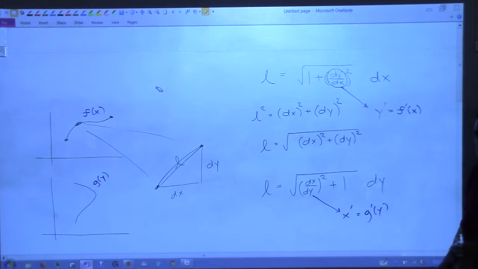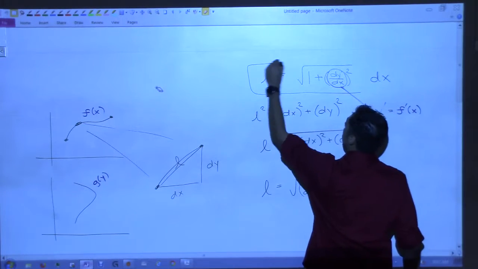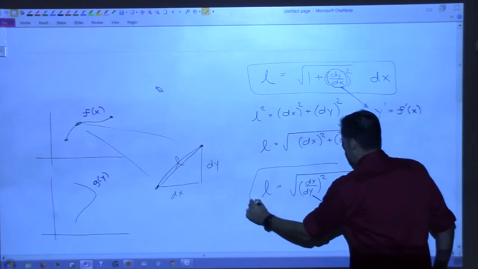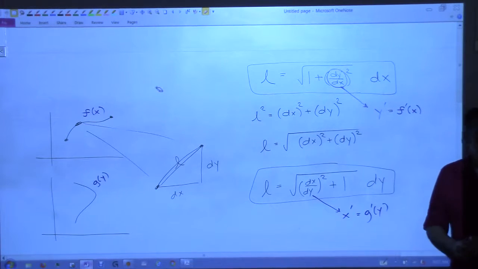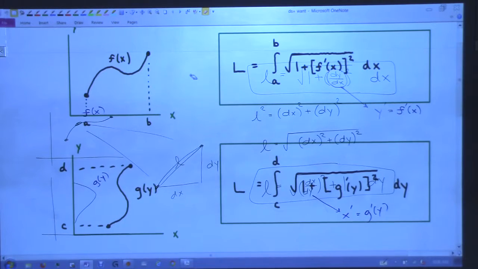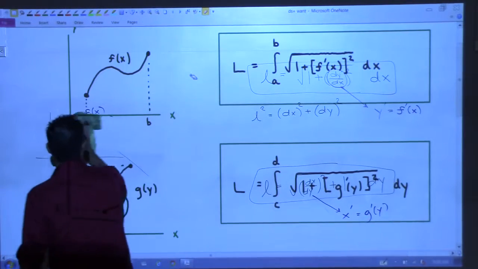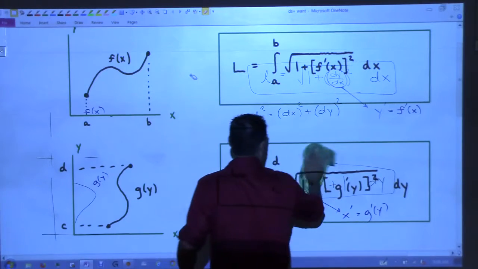Does that make sense? So at the end of the day, we have two expressions for L, right? We have this expression for L and this expression for L, and they're equivalent. You can use either one, all right? So in the notes, everyone have the notes I just passed out? In the notes, what you're going to see here is that we now have two formulas for arc length, and which one you use depends on the actual curve or function that you're given.